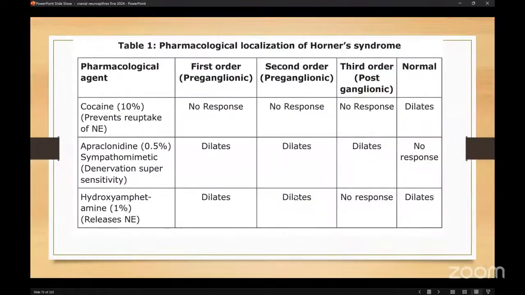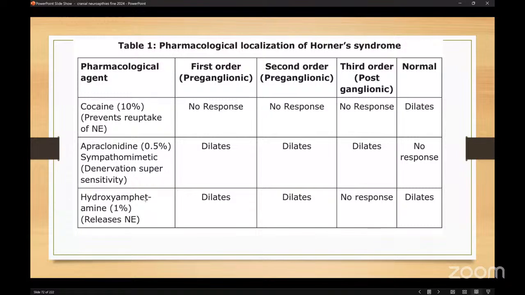So if your pupil is not dilating in dim light, it is a Horner pupil. You first put cocaine. Cocaine doesn't dilate a Horner pupil, but dilates a normal pupil. So it's not dilating.